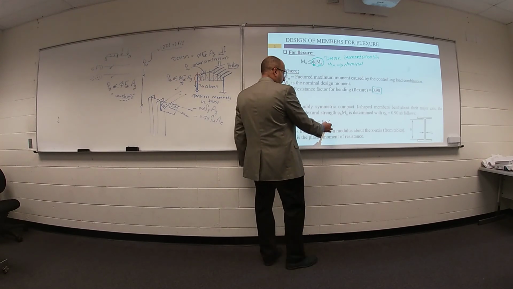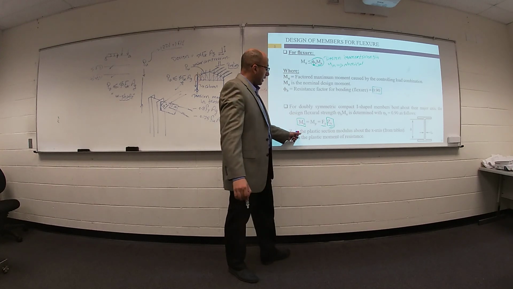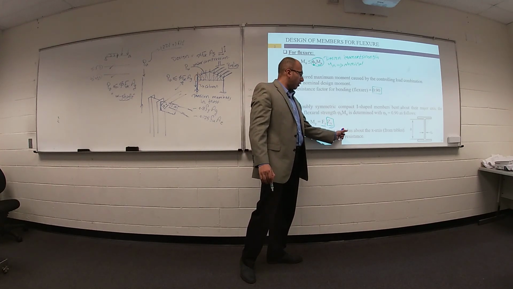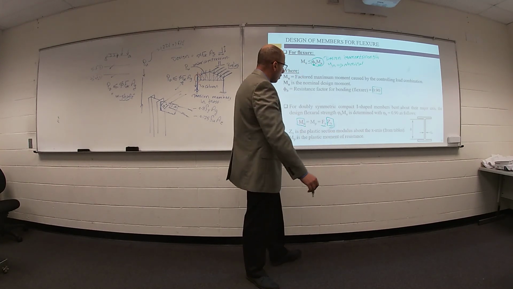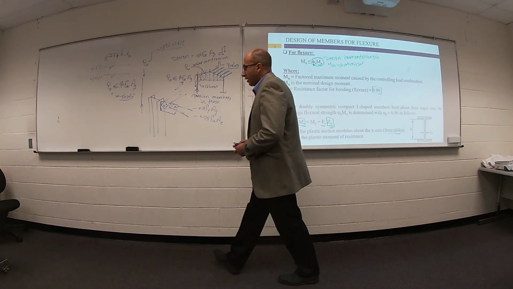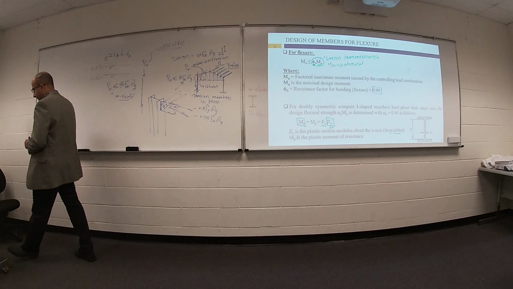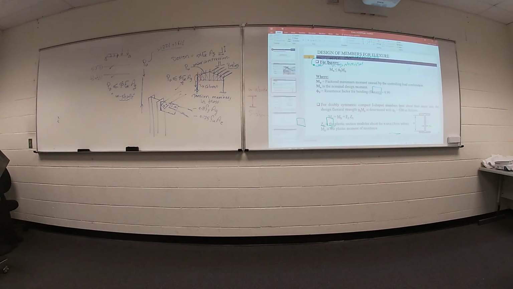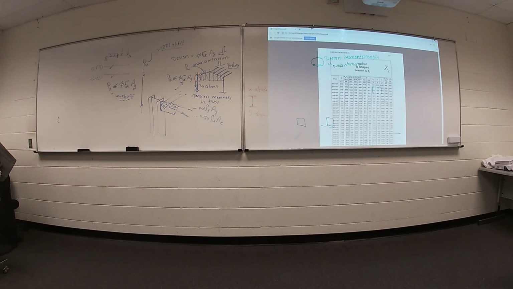Zx is called the plastic section modulus about the x-axis. We can get this value from the table. If we go back to your tables, we have a new table called design of beam, W shape. Here you go, Zx.